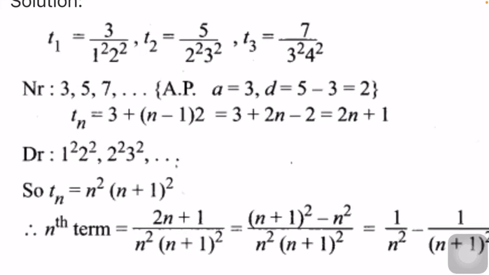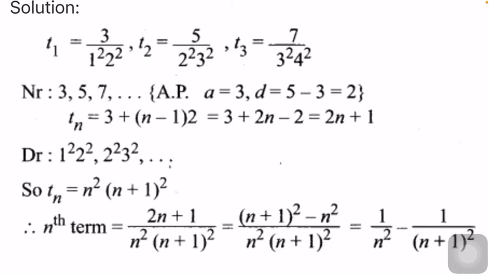Now the numerator goes like 3, 5, 7. So it is an AP, the first term is 3 and the common difference is 2. We can write the general term as a plus n minus 1 into d.